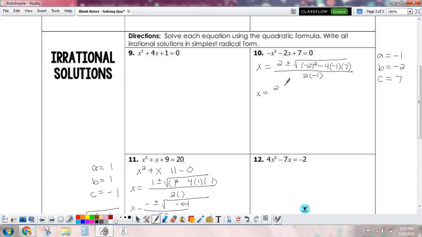So I've got 2 plus or minus the square root of negative 2 squared is 4. Negative 4 times negative 1 is 4. 4 times 7 is 28. All divided by a negative 2. Okay, so 28 plus 4 is 32.